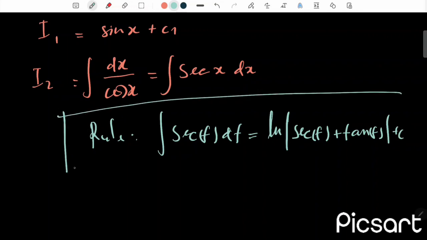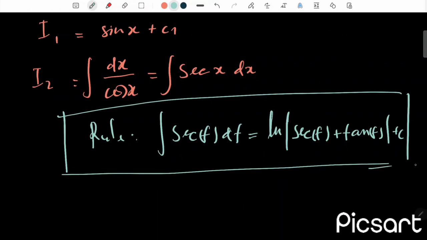So I2 is equal to ln of sec of x plus tan of x plus c2.